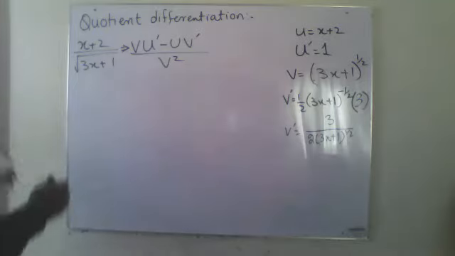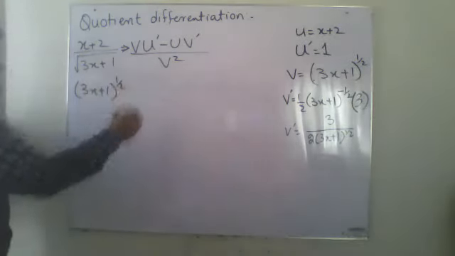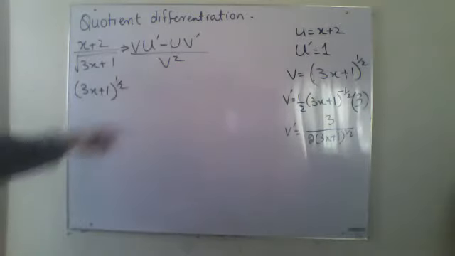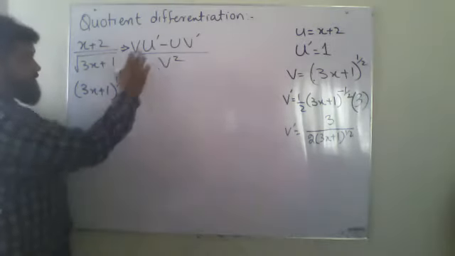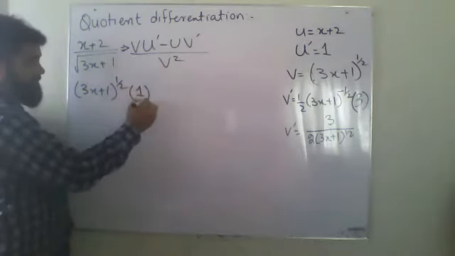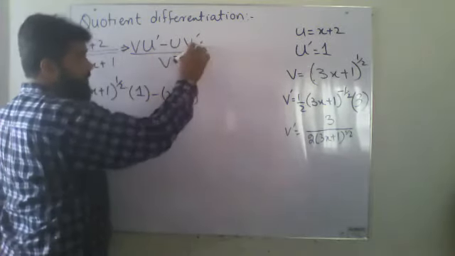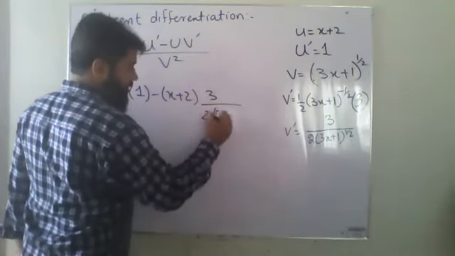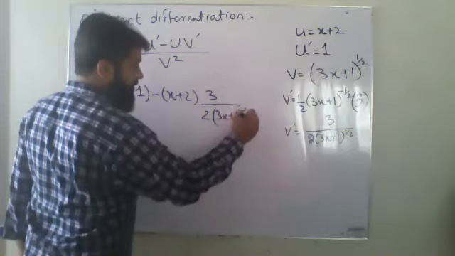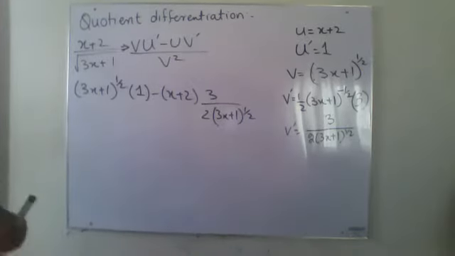What is my v? 3x plus 1 power half, minus u. u differential is 1, minus u, x plus 2. v differential is 3 over 2, 3x plus 1 power half.